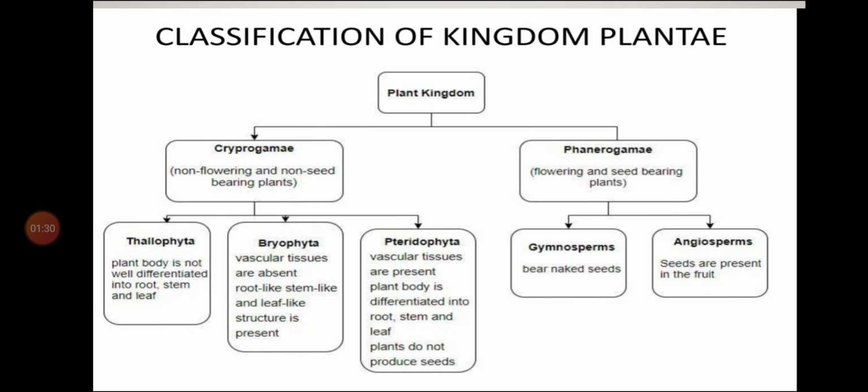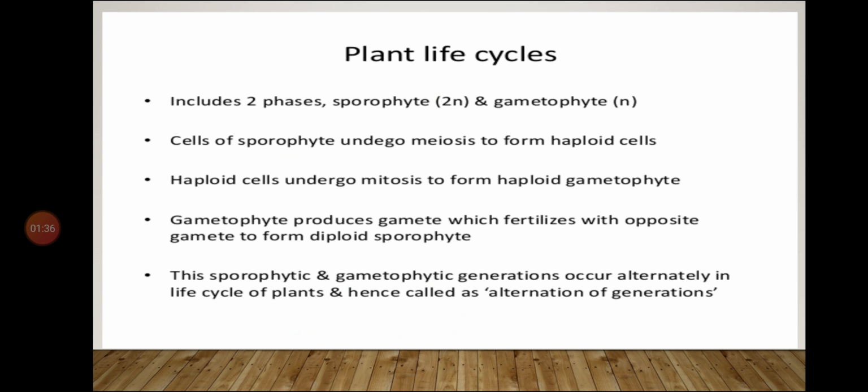Okay, so now let us move to the next part of the chapter, that is plant life cycles and alternation of generations. Plant life cycle includes 2 different phases, that is sporophytic phase and gametophytic phase.